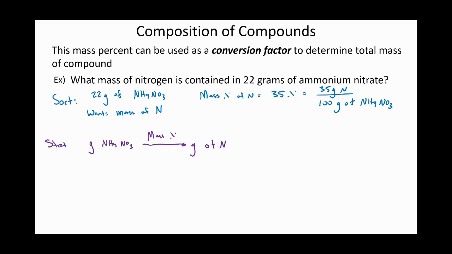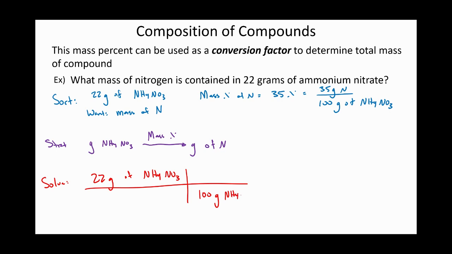Okay? And so let's go ahead and just do our calculation now. It's going to be a fast calculation. In our solve step, we have 22 grams of ammonium nitrate, NH4NO3, and we said for every 100 grams of NH4NO3, you have 35 grams of nitrogen.